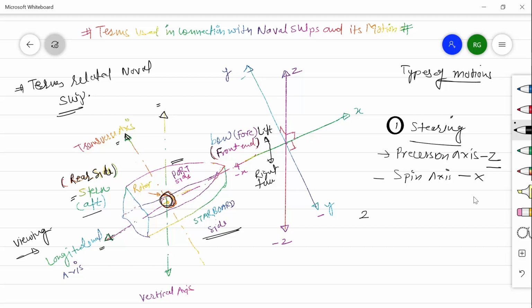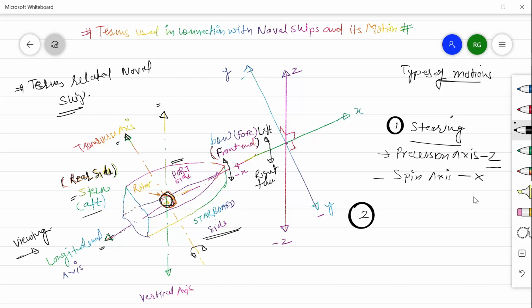Second, if the front end is rising or dipping, and similarly the aft is dipping or rising, this is motion about the transverse axis, the up and down motion of the front end or rear end.